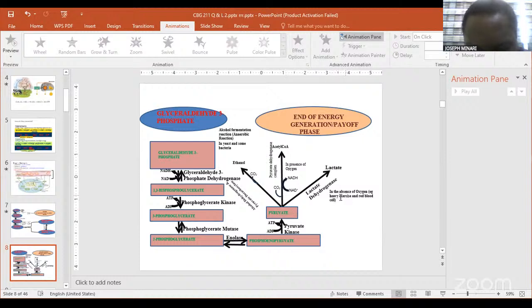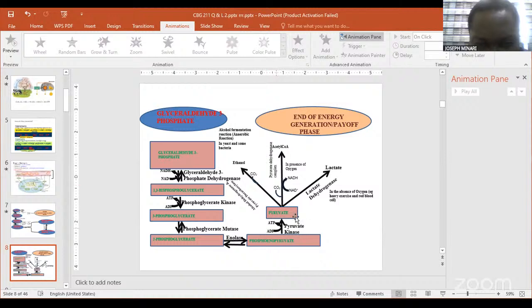This happens mainly during heavy exercise or in the red blood cell. Also, in yeast and some bacteria, alcohol dehydrogenase and pyruvate decarboxylase convert pyruvate to ethanol. This is referred to as alcohol fermentation.